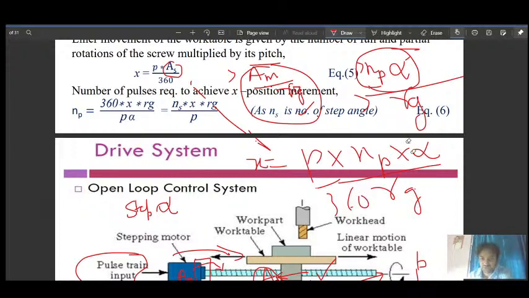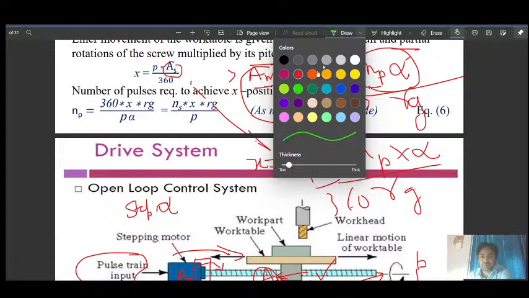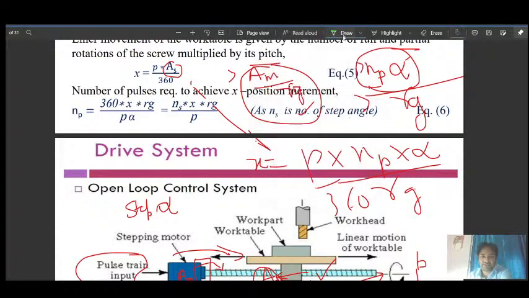Okay, so we need to find the number of pulses required to drive the x axis, x movement or x position. So NP is obtained by taking these values, multiplying by x and dividing by P and alpha: 360 degrees times x times RG, divided by P times alpha.